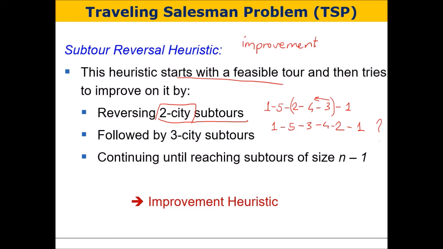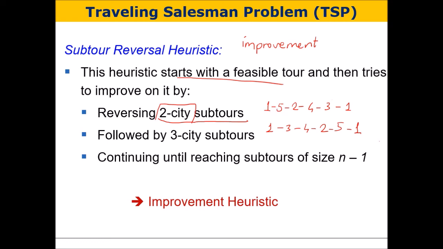So we need to calculate its objective function value and compare with the initial one. And finally, we can also make a change of 4 consecutive cities other than the first one, and instead of going in this order, we can go in reverse order and say that, okay, 1, 3, 4, 2, 5, and 1. But you need to be careful with this last one.